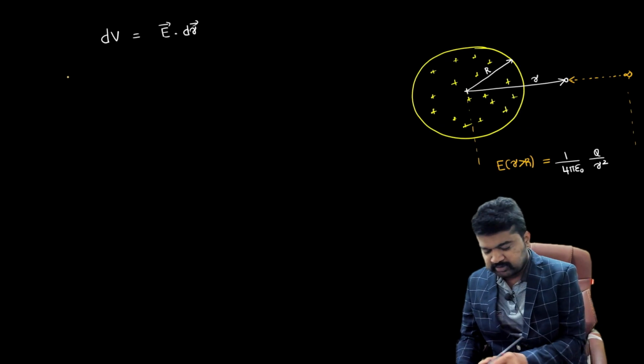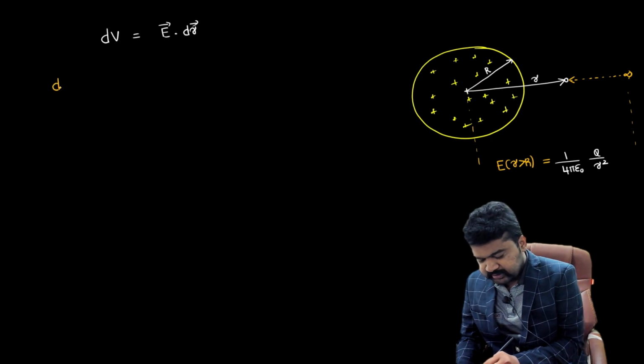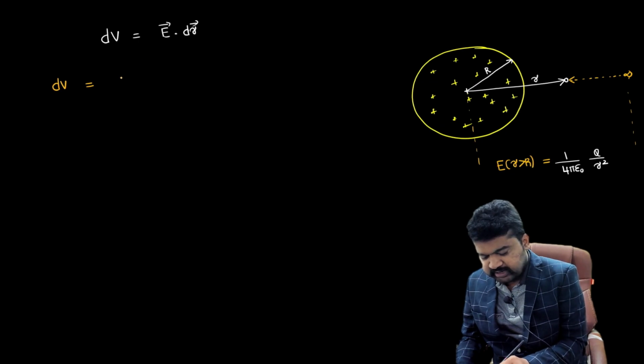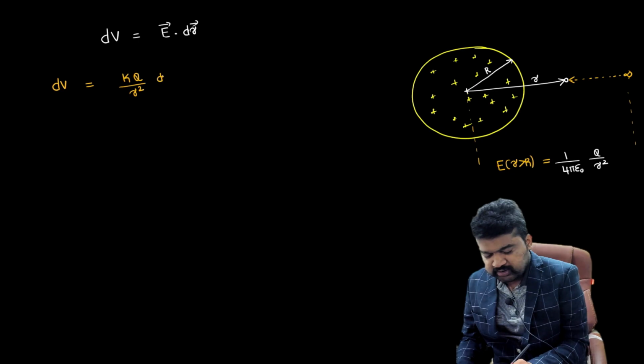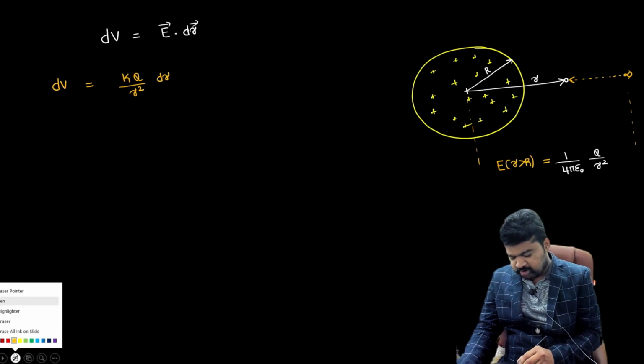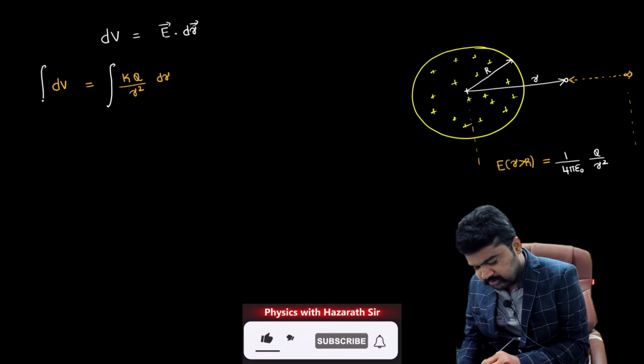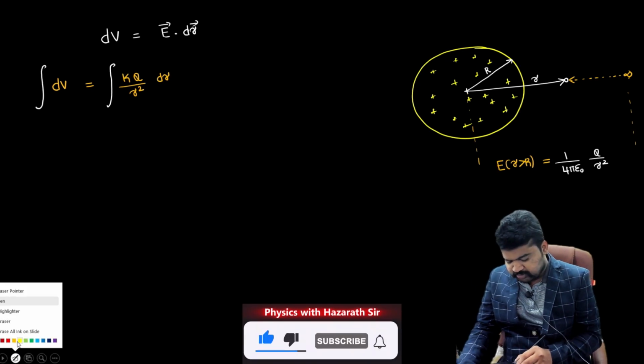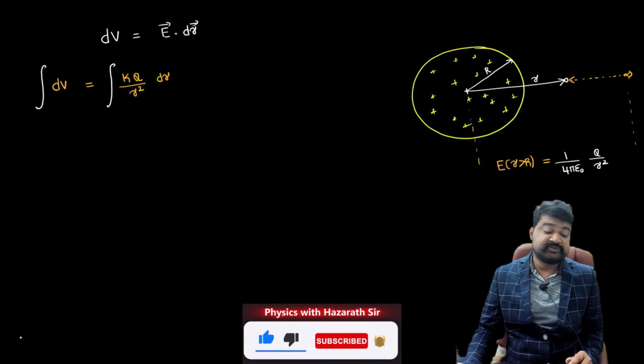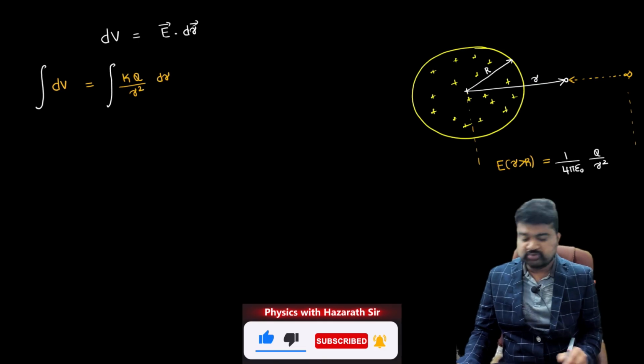Now just observe: dV equals E dr, which is nothing but KQ by r square into dr. Now we need to apply the boundary conditions. We need to bring that unit positive charge from infinite distance to r.